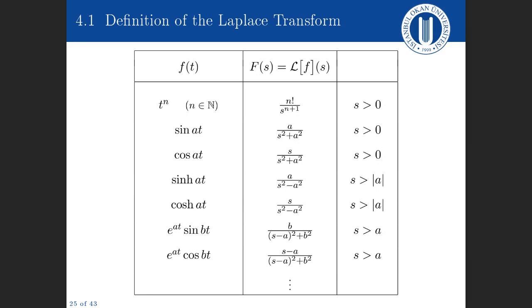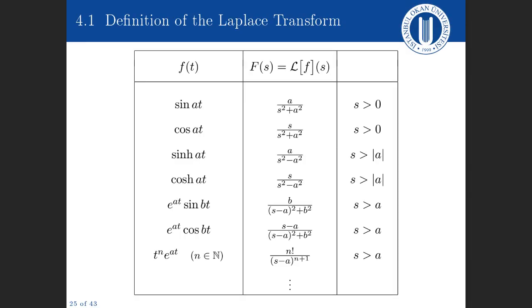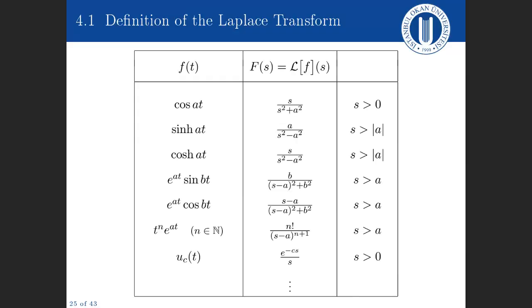e to the power at sine bt and e to the power at cos bt. We didn't do these yet. We'll look at these later today or next lesson. t to the power n, e to the power at. You've seen enough to be able to do this.